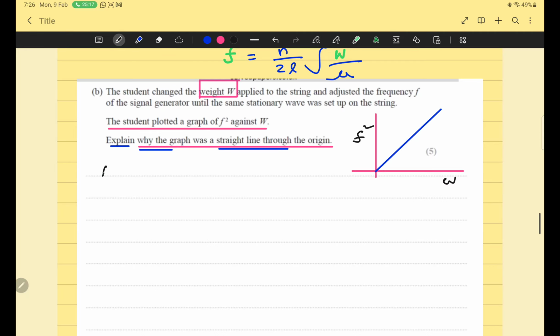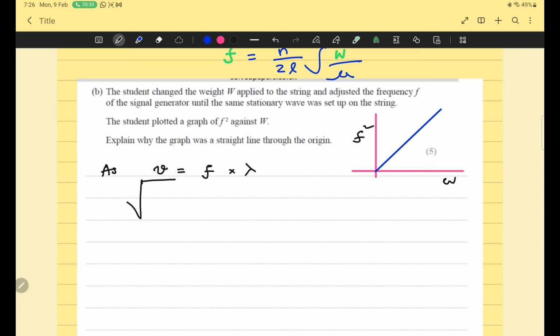note down, speed of wave is the product of frequency into wavelength. And the speed of the wave, we know, is equal to root of tension divided by linear density. But for this question, I am not writing tension.